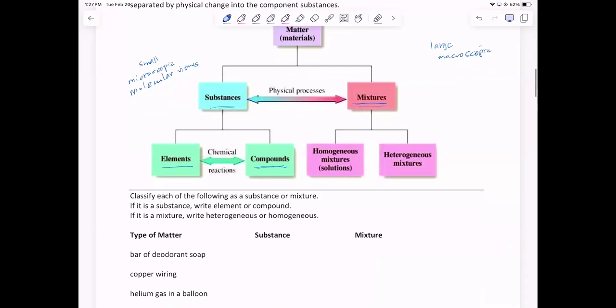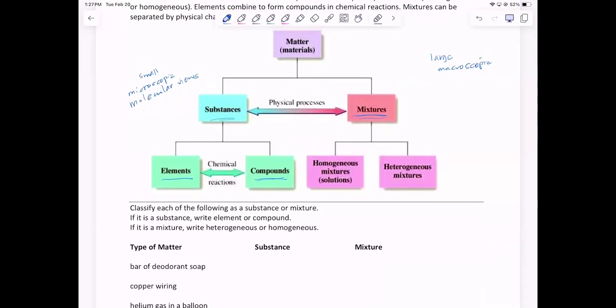So this is thinking about an element like the element hydrogen. That would always be diatomic, H2. Or when you put hydrogen together with oxygen, H2O, that's a compound. So that's more than one element, which is a compound.